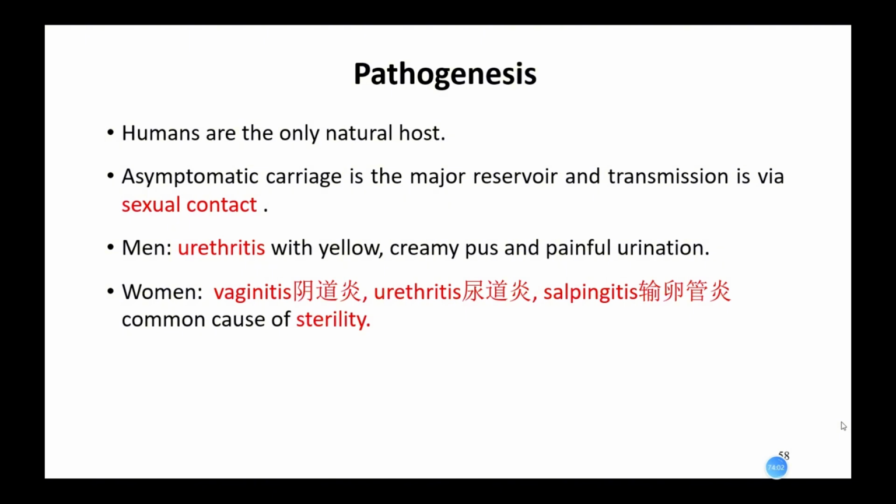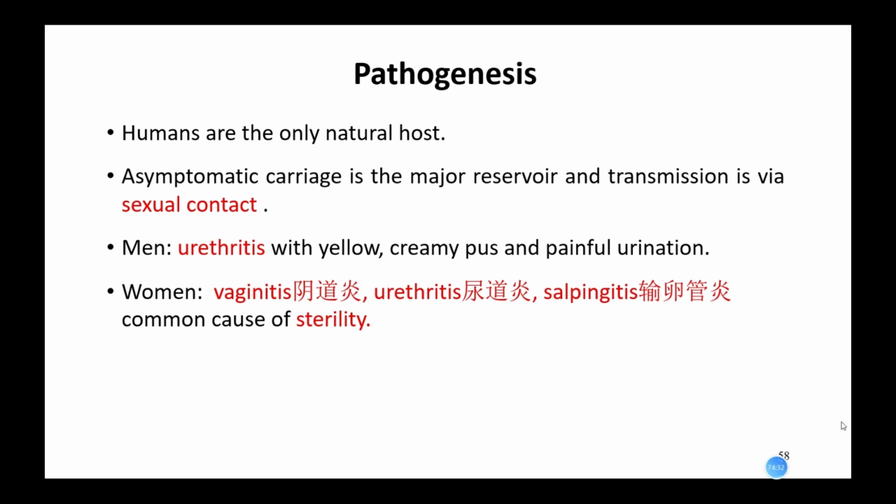Humans are the only natural host of the disease, okay? But in the human population, some people do not develop disease. After infection, they become asymptomatic carriers, and that is the major reservoir of this pathogen. And this reservoir mostly happens in females.